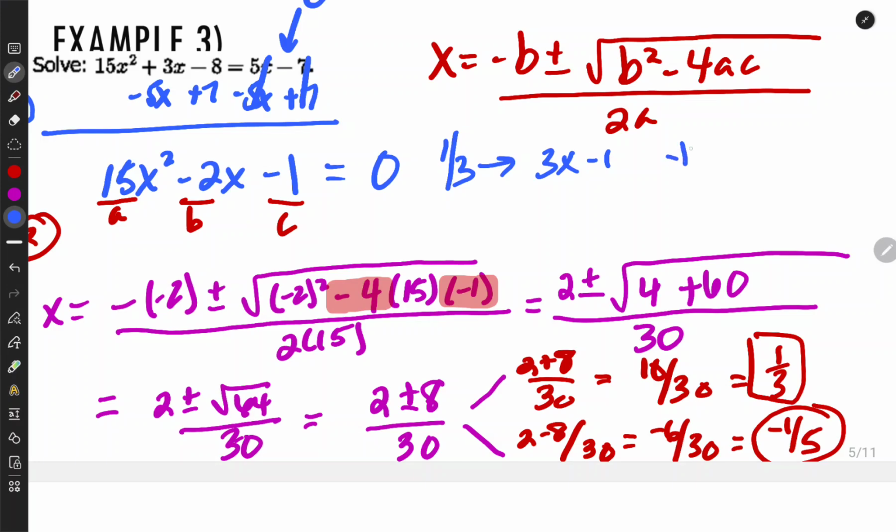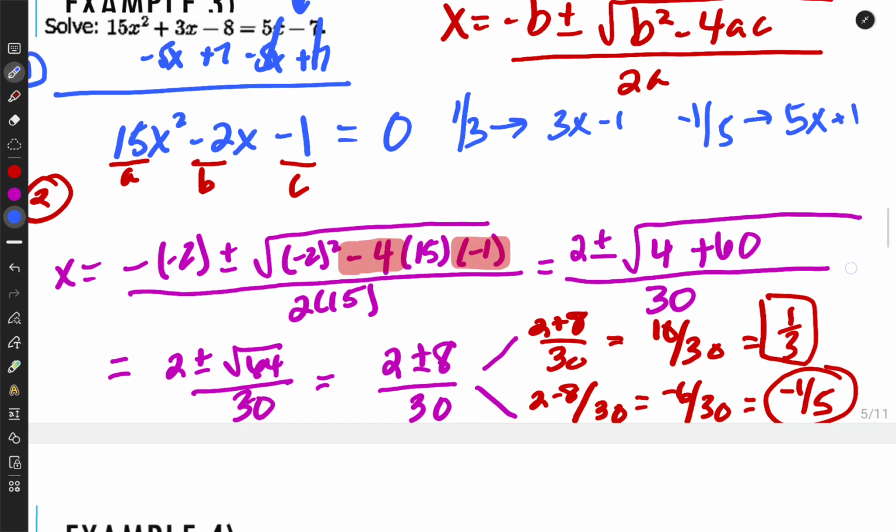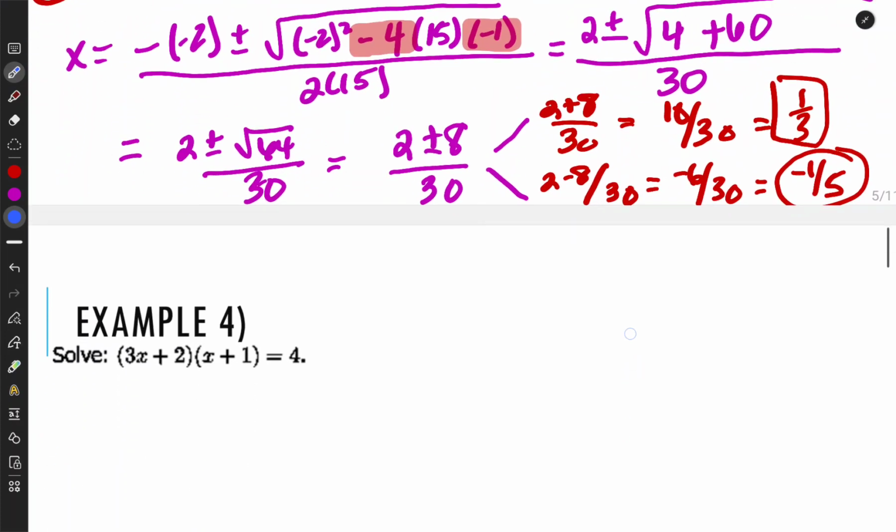For x equals negative 1/5, it would have come from the factor of 5x plus 1, because I would have had to subtract the 1 and divide the 5. If you chose to factor, you would have come down to those two factors. But I'm saying at this point, just use the quadratic formula if you're just looking for the x's. Okay? All right, so that's example number 3.